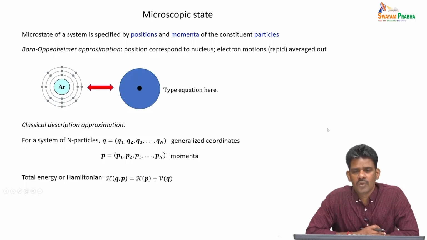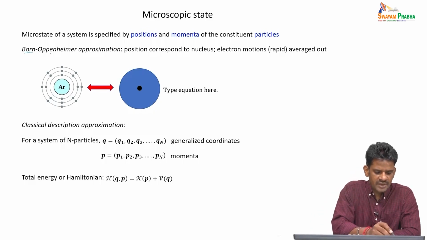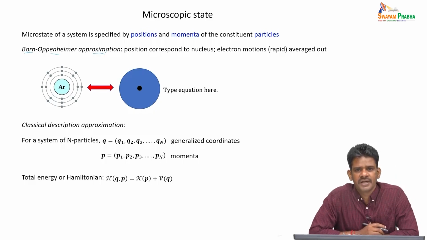Now, the core idea of doing MD simulation is the approximation that we make, which is known as the Born-Oppenheimer approximation, where the atoms are described only at the level of the nuclear position, and we do not include the electronic degrees of freedom. Those degrees of freedom are averaged out.